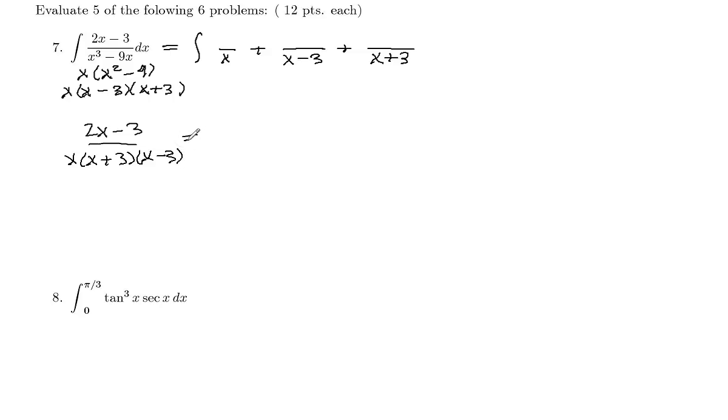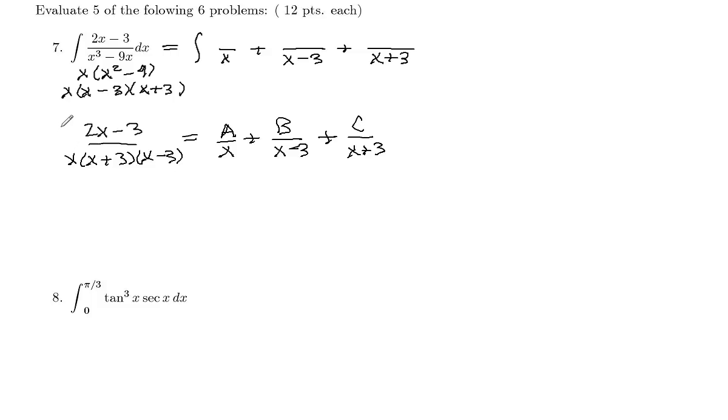That is going to equal a number over x, we'll call it a, plus a number, we'll call it b, over x minus 3, and then plus another number, we'll call it c, over x plus 3. So remember, the only time that you have x's in the numerator is if you've got an irreducible quadratic in the bottom, like x squared plus 1.